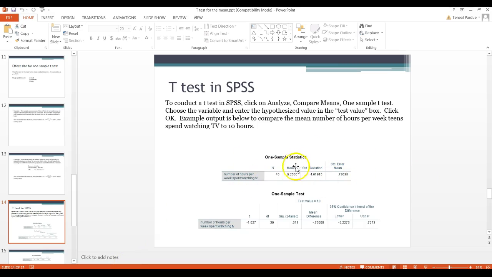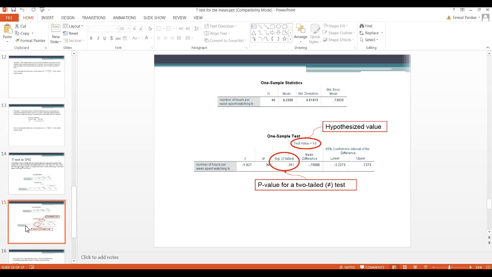So it gives you the sample statistics, and it gives you this T here is the test statistic. Now the sig two-tailed, that's the p-value if your alternative hypothesis is not equal to.